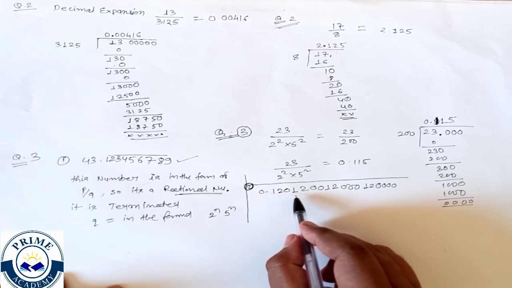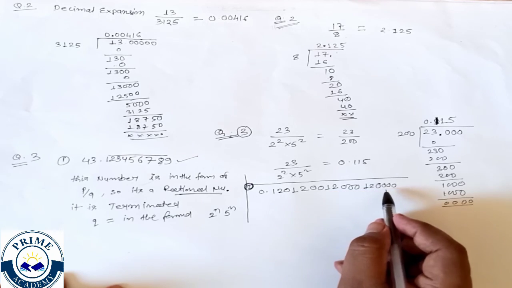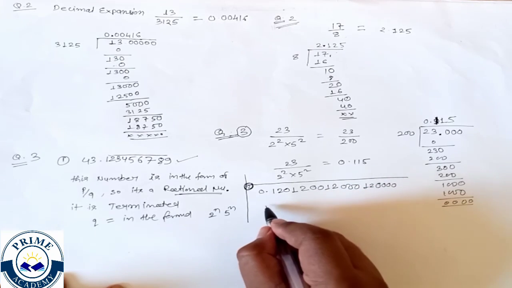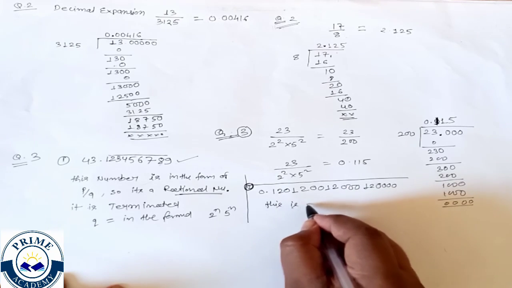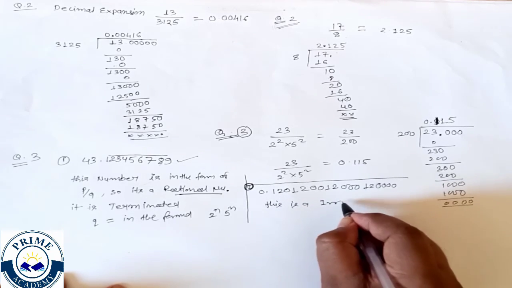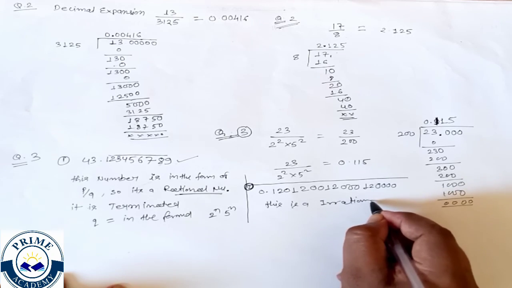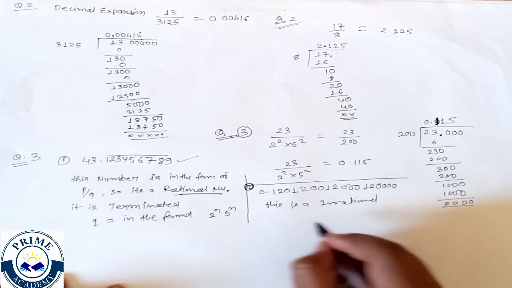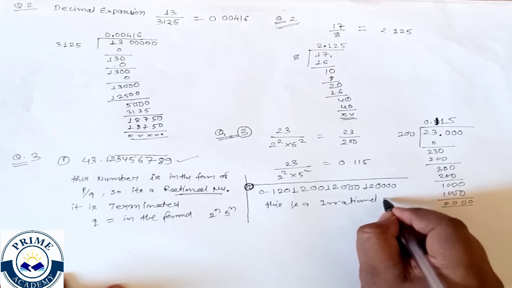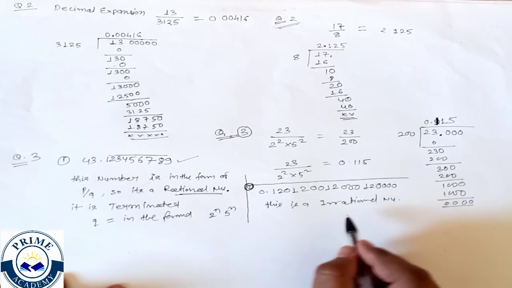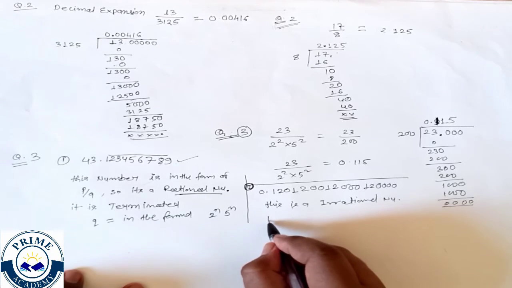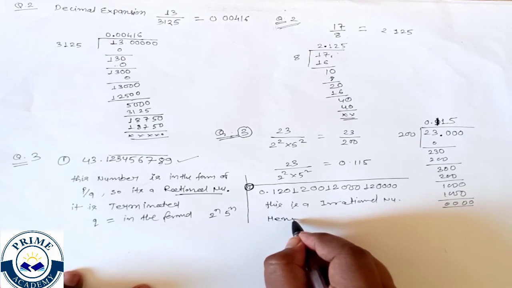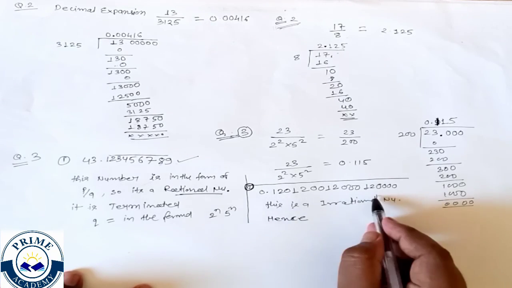So this is non-repeating, not terminated. So this is an irrational number. Hence we can say this is an irrational number.